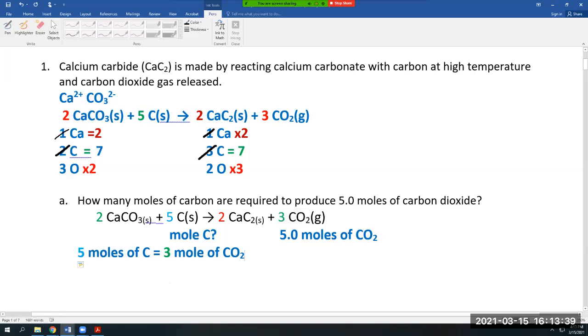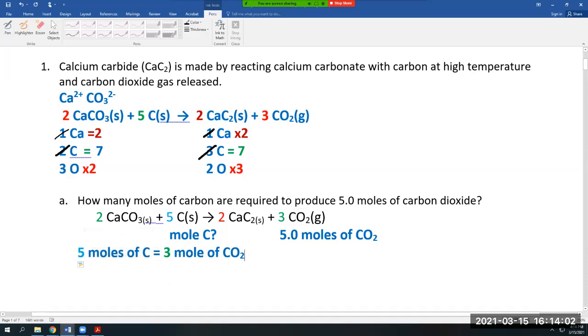So of course, the equal is not a real equal sign per se. It's like equivalent, or you can change it by saying in your head, makes 3 moles of CO2 or produces 3 moles of CO2. It gives you a proportion of CO2 produced from an amount of C that you start with.